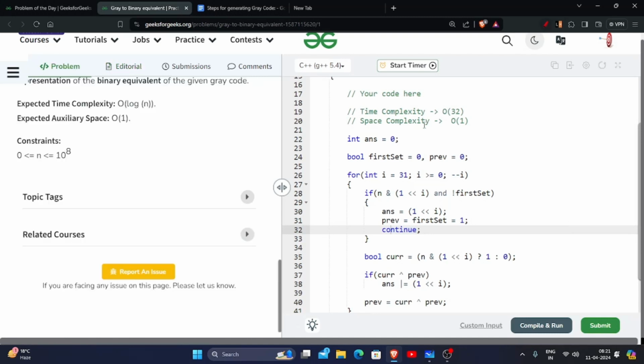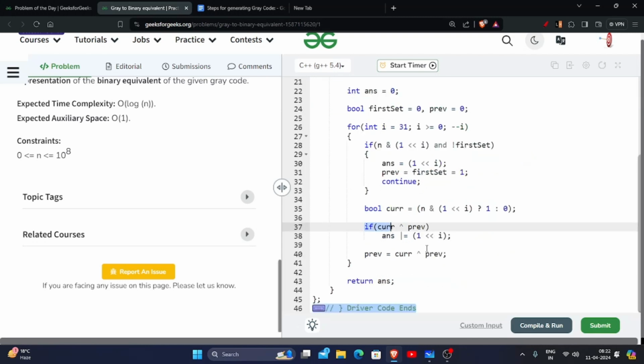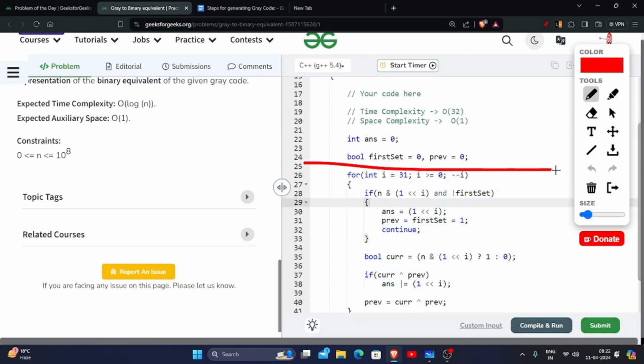But when I say that we are representing the number as a bit sequence from 31 to 0, it's more intuitive that if the current bit is set, then I just have to check that the XOR of my previous and this current bit gives 1 for that current bit to be part of my answer. So this is more intuitive in terms of visualizing the number as a binary bit sequence.